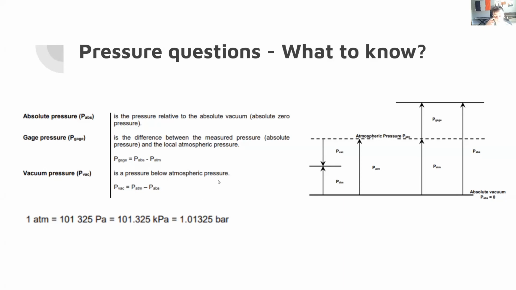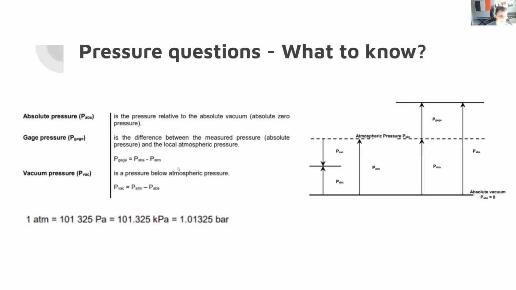You don't have to learn the other digits. Then you have gauge pressure, which is just absolute pressure, but you don't take into account atmospheric pressure. So if you were given, for example, the absolute pressure of a tank at 200 kilopascal, and they ask you for the gauge pressure, you just remove the atmospheric pressure. So 200 minus 101.3, and that gives you about 99.7.